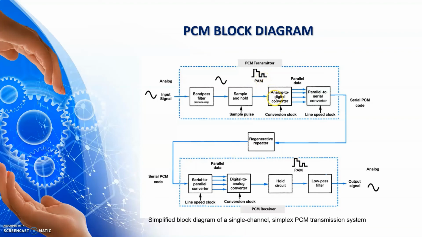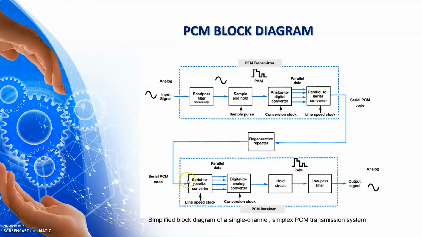Then it goes through the analog to digital converter, which converts the PAM samples to parallel PCM codes. The parallel to serial converter then converts the parallel PCM code to serial binary data, and it is transmitted to the receiver.